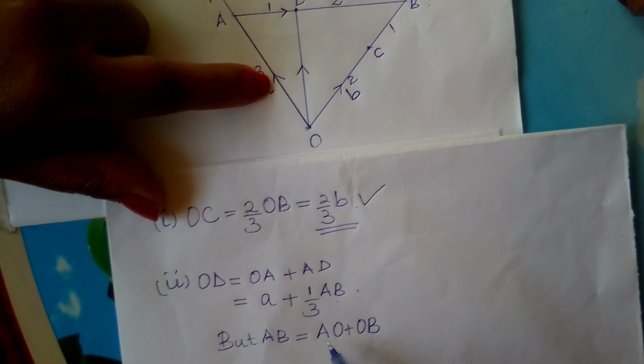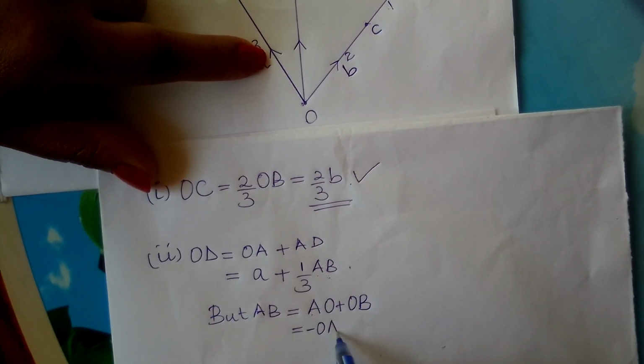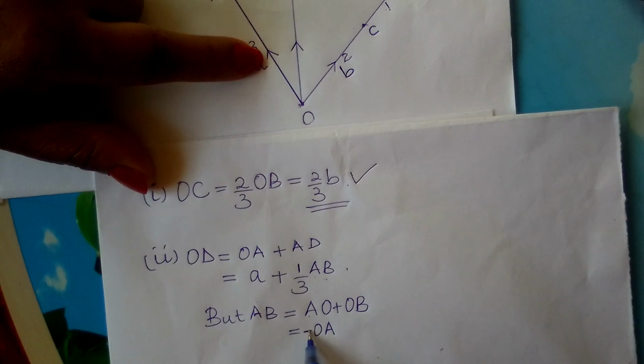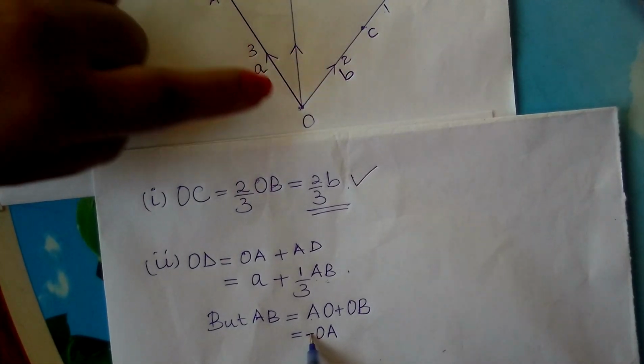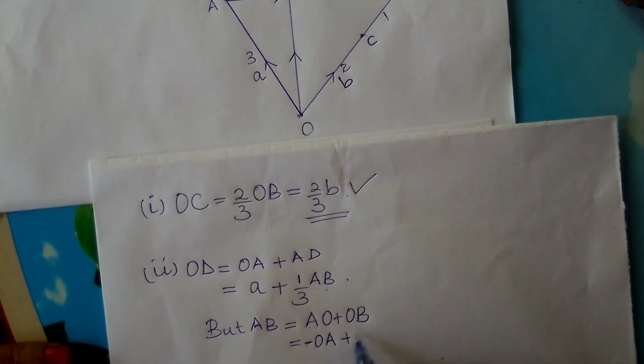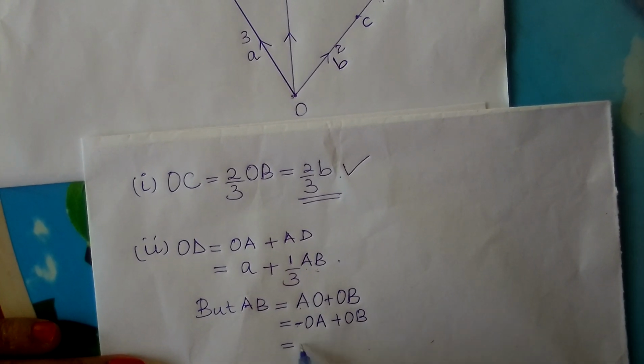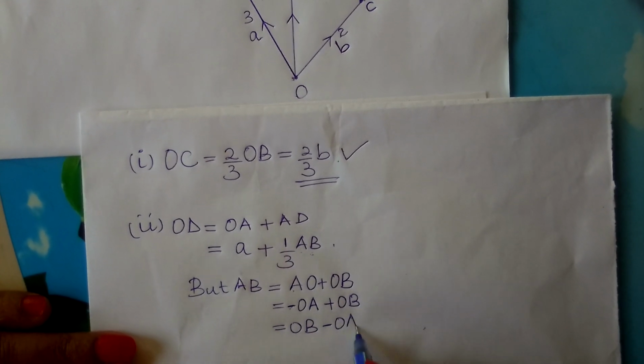And therefore, vector AO is the same as minus OA. You are going against the arrow of OA. Then plus OB. So, learner, you can now start with the positive OB, then followed by minus OA.